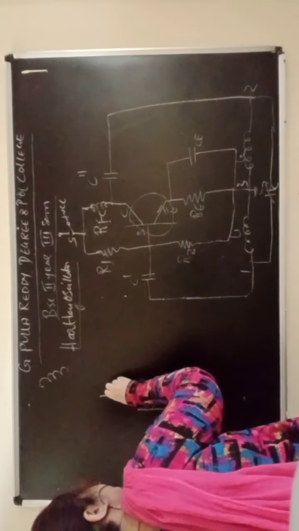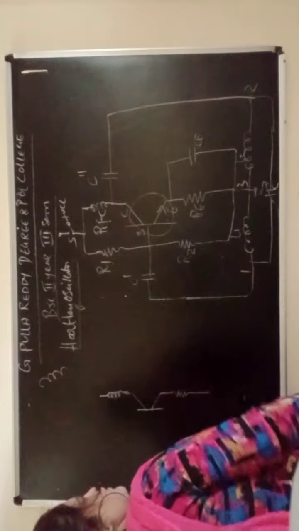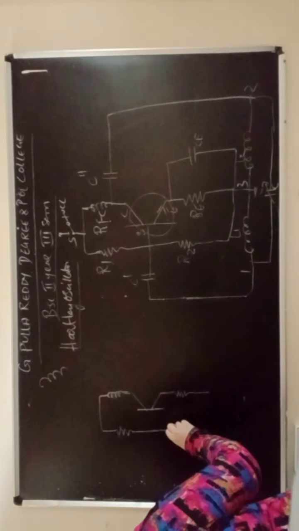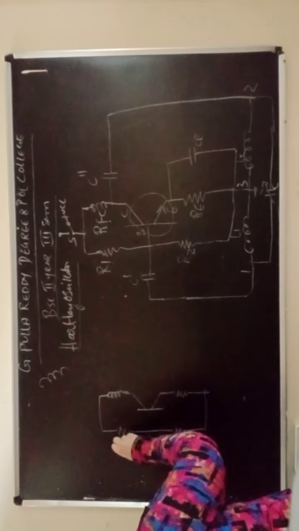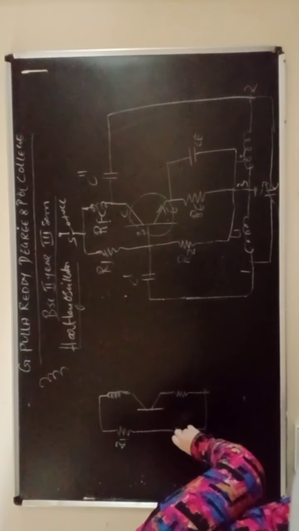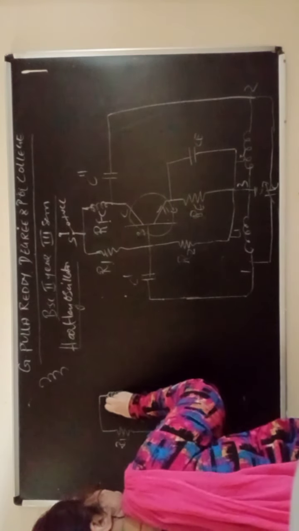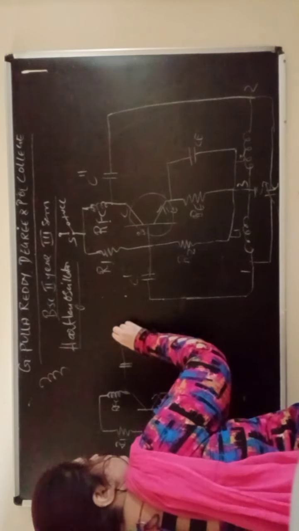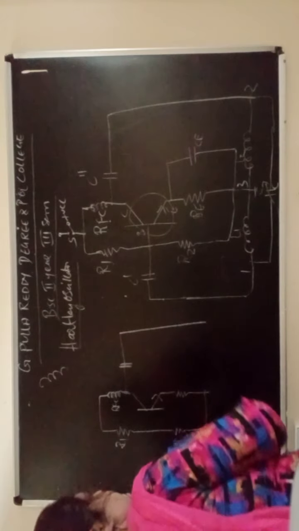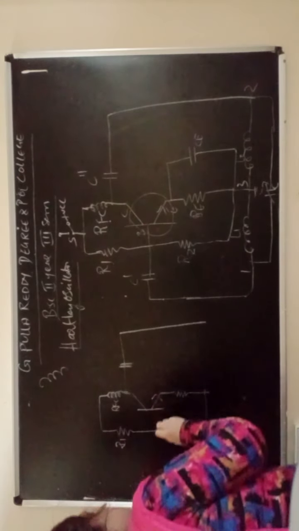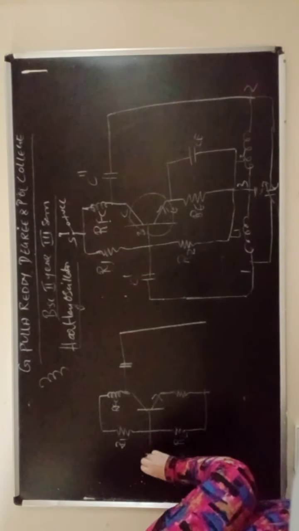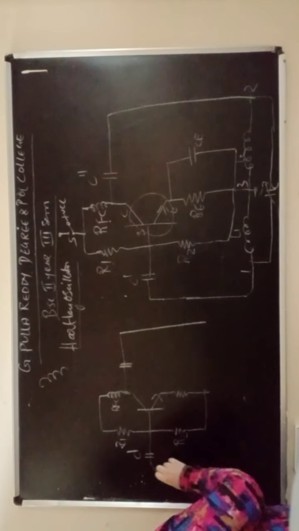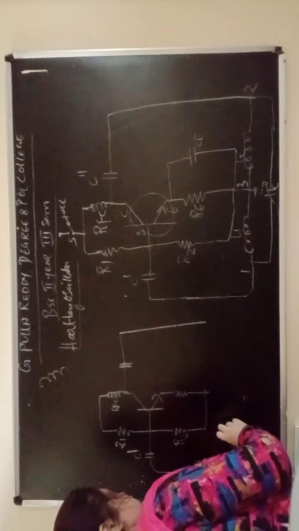Now I am drawing the radio frequency choke. Then you should draw two resistors, R1, R2, and the RFC. Then the capacitor: take one capacitor from the input, C dash, and connect it to this.